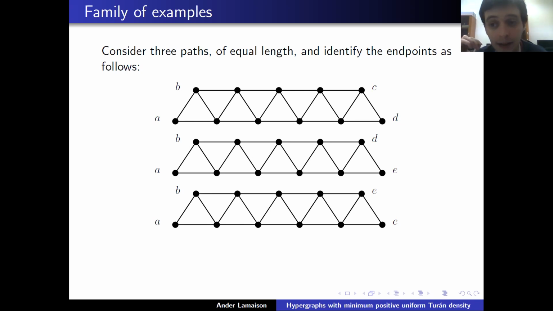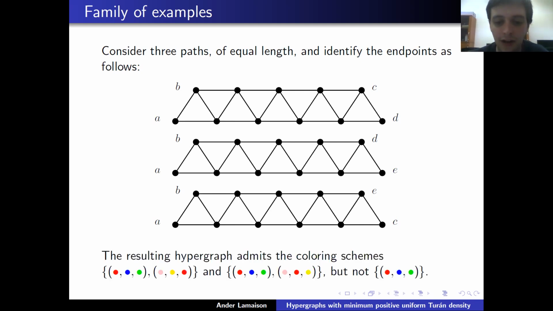So that means that this hypergraph here is not vanishable. And on the other hand, you can show that you can give an explicit ordering and an explicit coloring of the pairs such that it does admit these two coloring schemes, the two that are quasi vanishable, like the ones that have two pairs with only one coloring common.